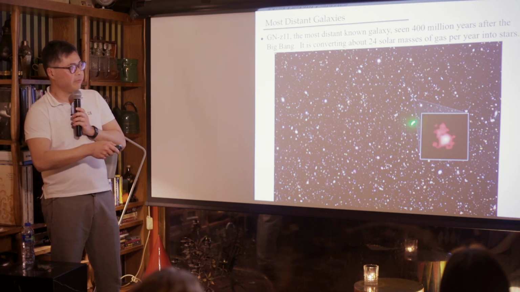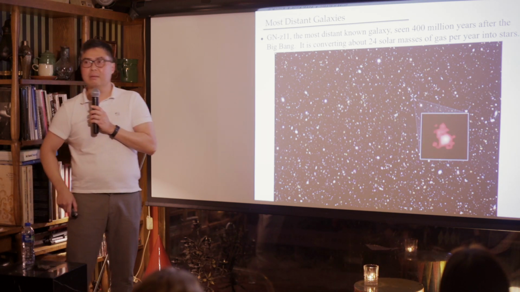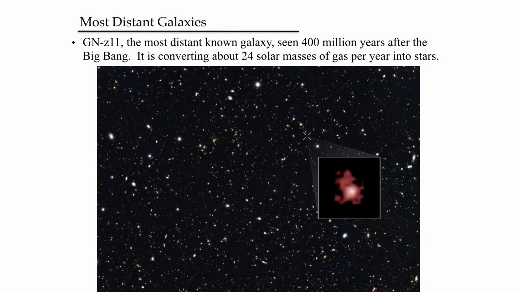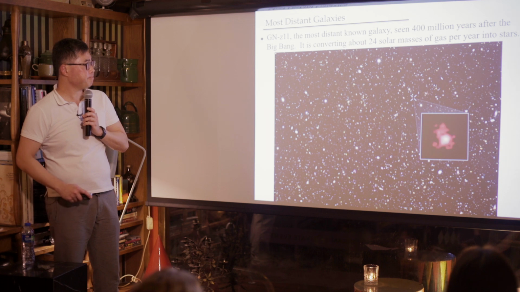But if you zoom it up, this is what it looks like: just a little blob with some weird features. What we like to do is to make this galaxy look bigger, so we can study features in this galaxy. That's where gravitational lensing will come in.